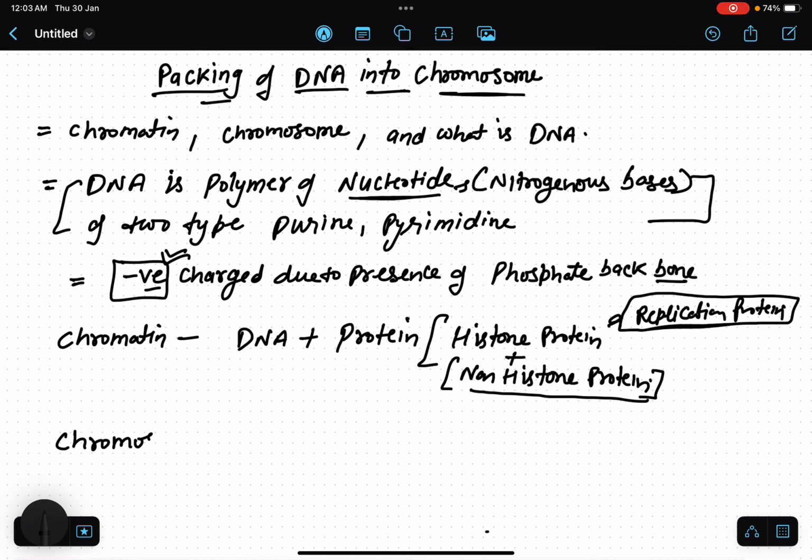Now next we come to chromosome. The chromosome is also DNA plus protein. Then what is the difference between chromatin and chromosome?